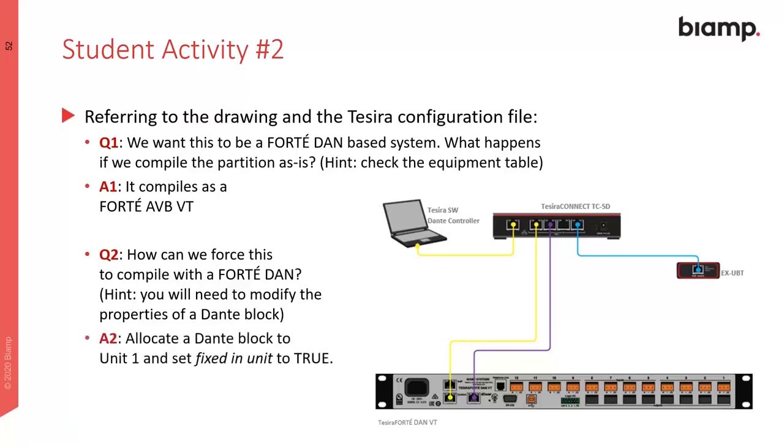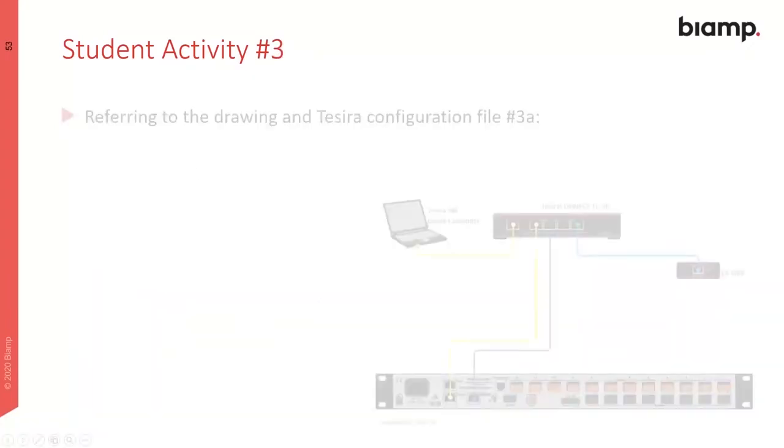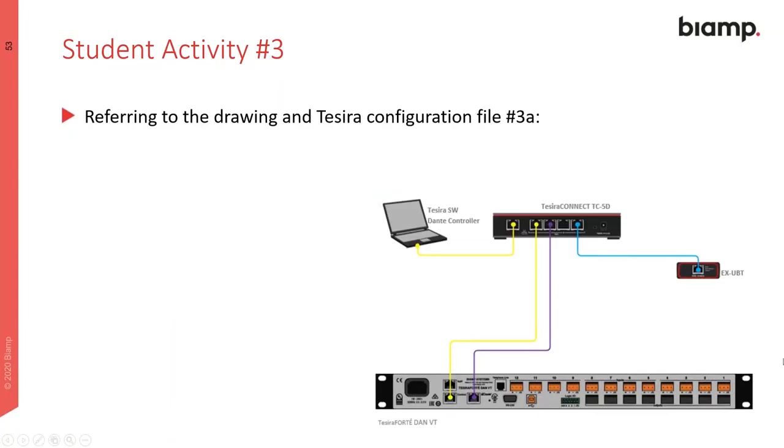The last question that I have for you is number 3, which is having this layout. So let's say we have Tesira software. We need the Tesira software and the Dante controller, and to compile it with this one. So we have the EXUBT plus the DAN VT.